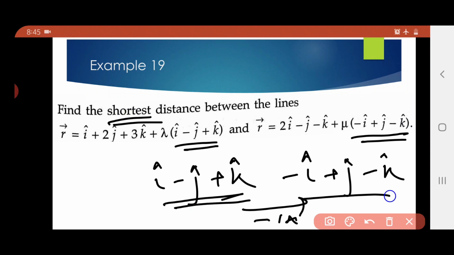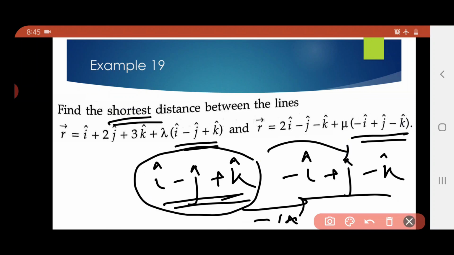So I know if two lines are parallel, then one direction ratio must be a scalar multiple of the other. So these two lines are basically parallel lines. They are not skew lines. So by looking at the words shortest distance, you may go on using the formula for the skew lines, but that is not it.